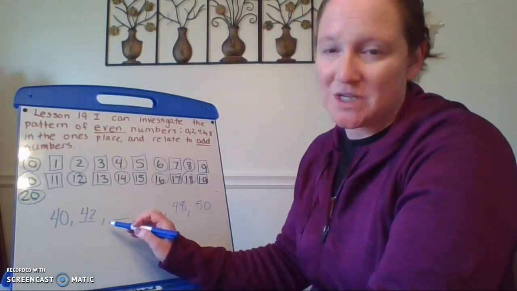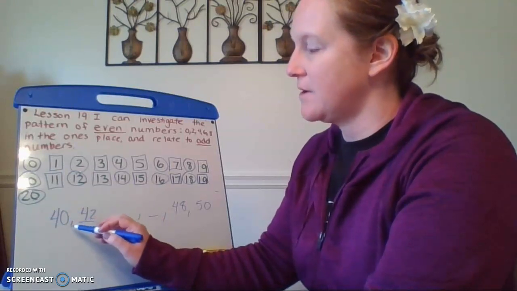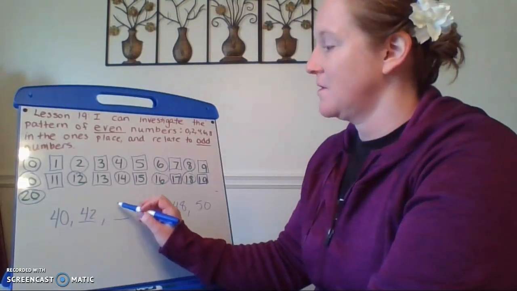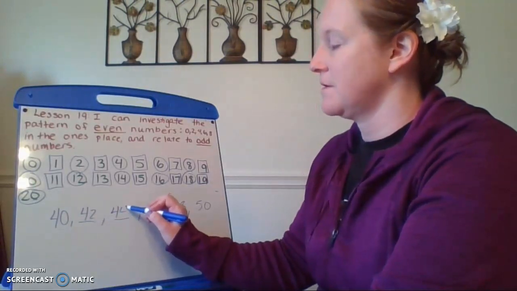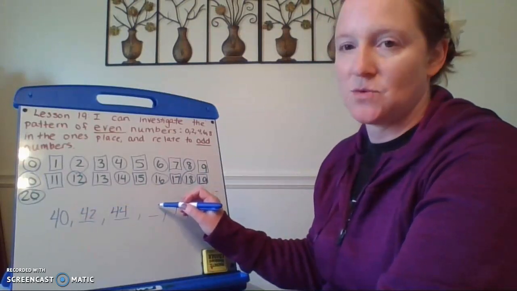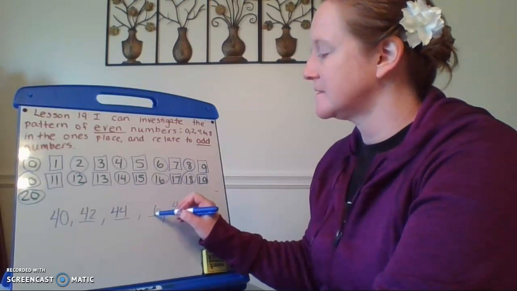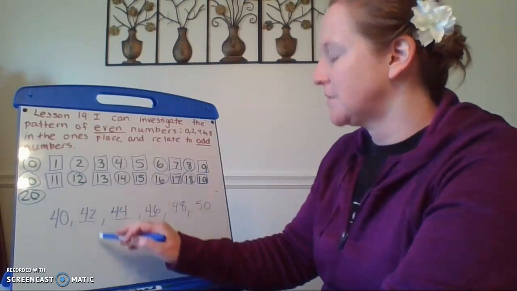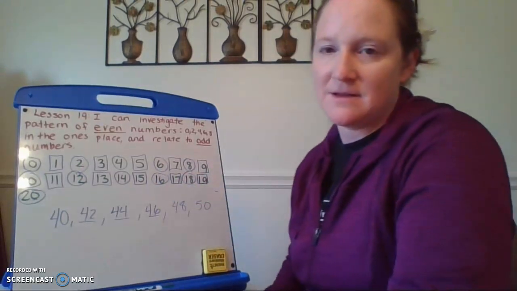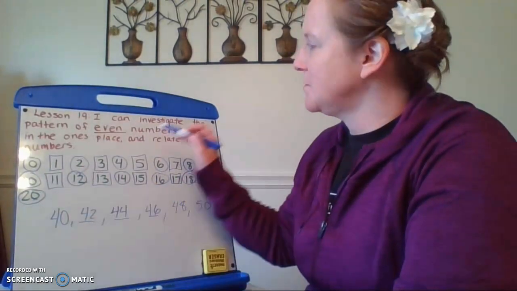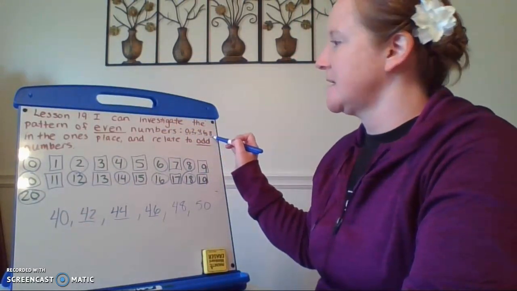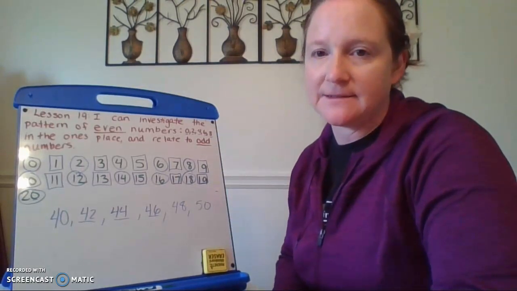You can pretend like this is a whisper. 40, 41, 42, 43, 44. Remember, keep that pattern. 0, 2, 4. What's my next one in the ones place? 6. 40, 42, 44, 46, 48, 50. Okay? So use this rule. 0, 2, 4, 6, and 8 to determine if it is even. Okay?